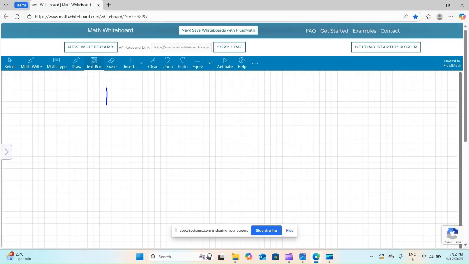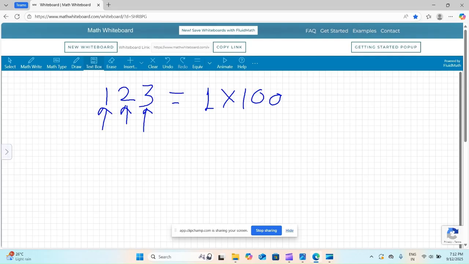Now 1, 2, 3. So this 3 is at the ones place, 2 at the tens place, and 1 is at the hundreds place. So how is this calculated? If I expand it, you have done this in mathematics, the expanded format, and the tens and ones format as well, correct?